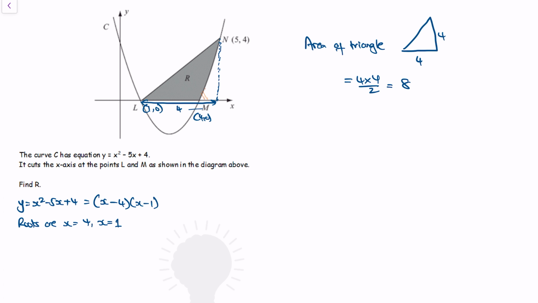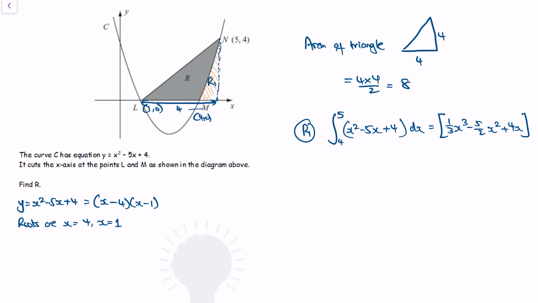What I need to do now is work out the area under the curve here. So let's call this R1. Then R1 is the integral between x equals 5 and x equals 4 of x squared minus 5x plus 4 dx, which is a third x cubed minus 5 over 2 x squared plus 4x, the upper limit being 5, the lower limit being 4.